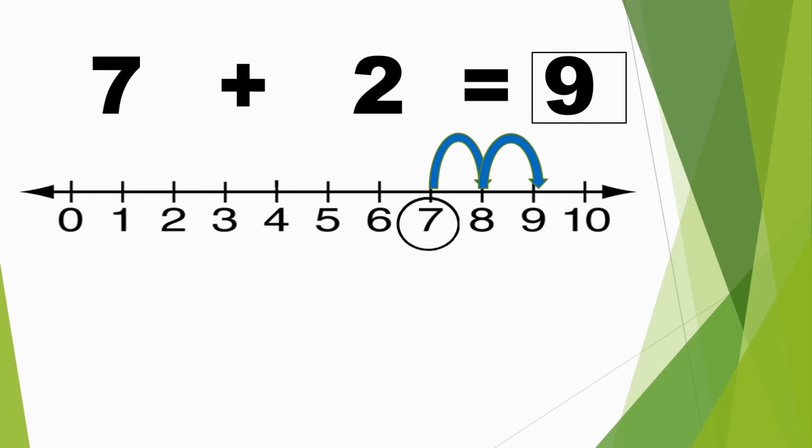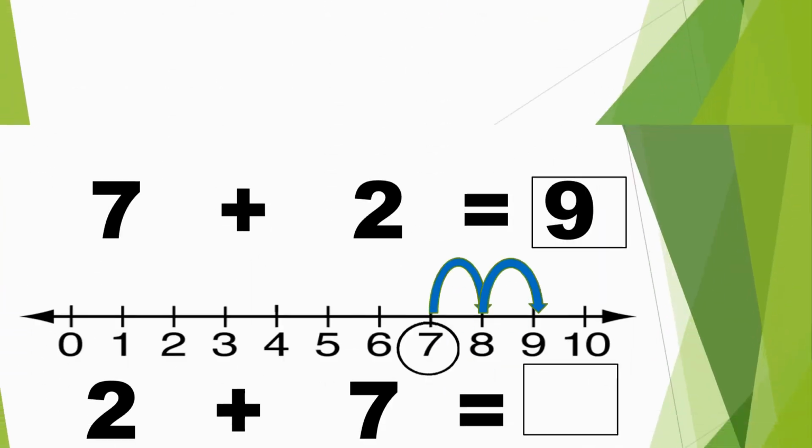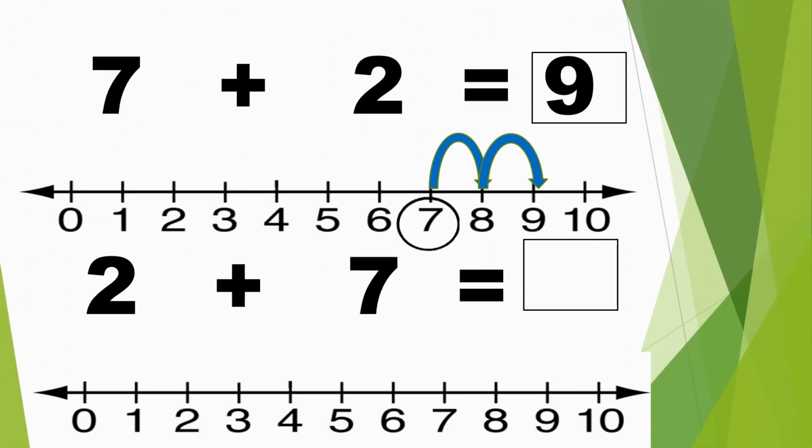So what if I write it another way? For example, 2 plus 7 instead of 7 plus 2. Now because 2 is written first, I hop 7 times.